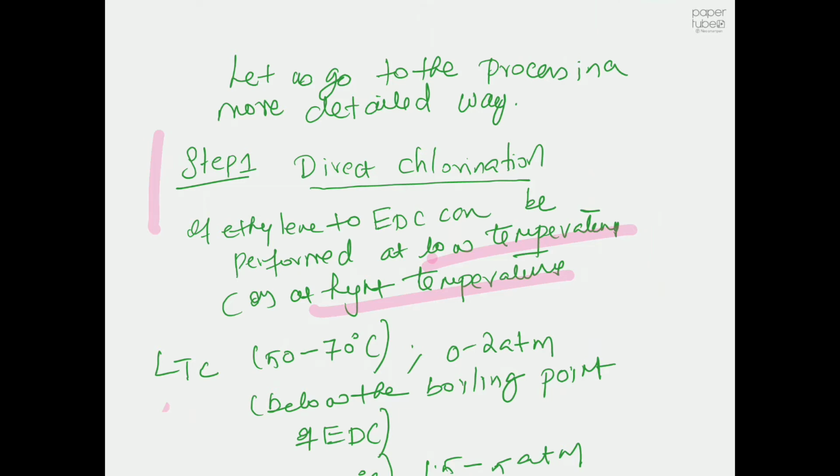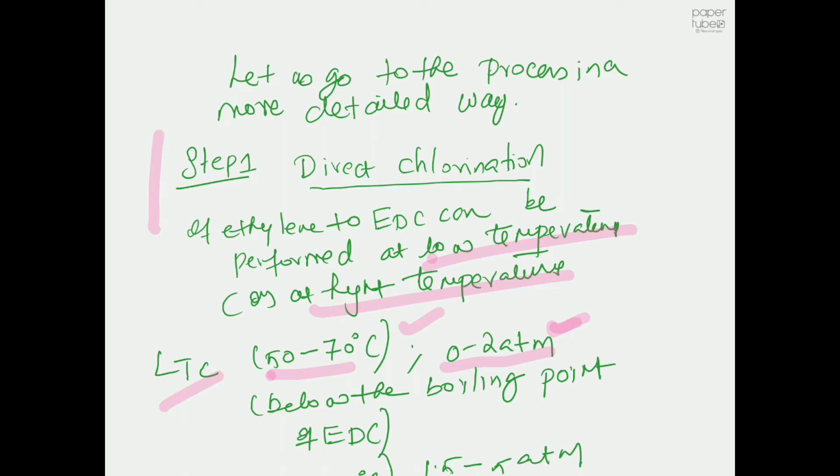So you can produce this at low temperature, at 50 to 70 degrees centigrade and 0 to 2 atmosphere. We can understand what this temperature and pressure is, but you should also know about the fluid properties a bit.